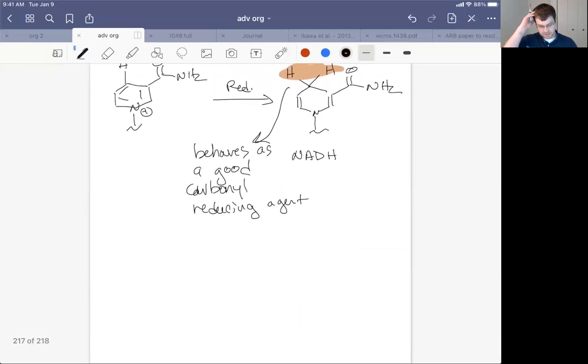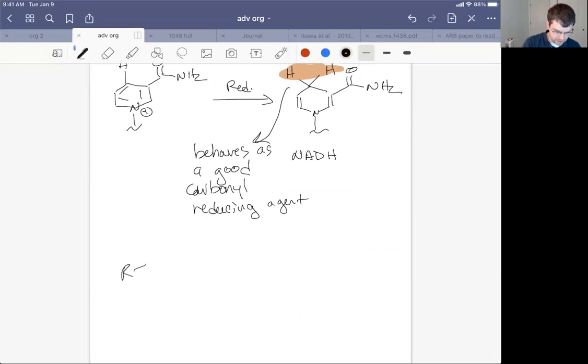And if you have NADP, it's an NADPH. These are just very similar molecules with phosphates and that sort of thing. FAD is quite a bit different, but it's the same idea. So what we're going to do here is treat this a lot like sodium borohydride.